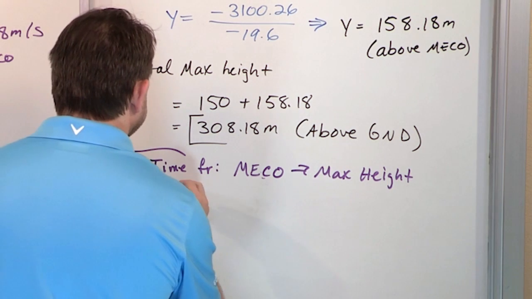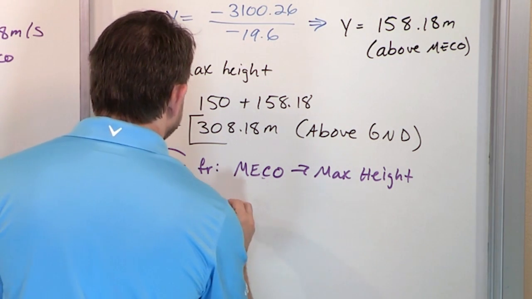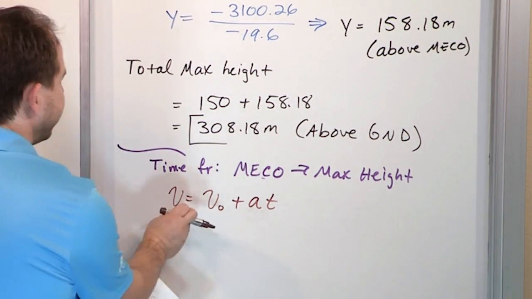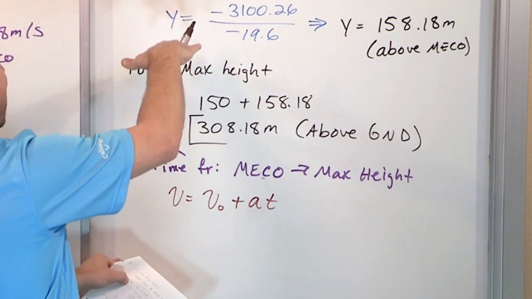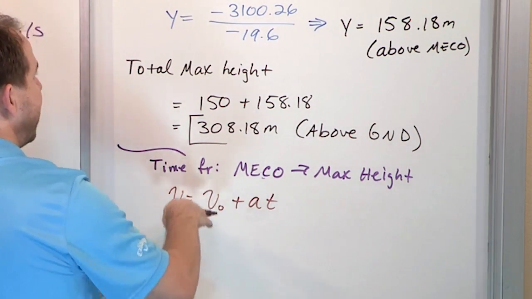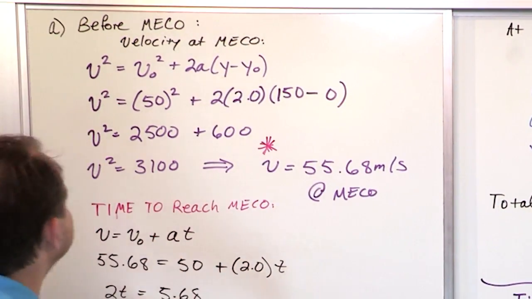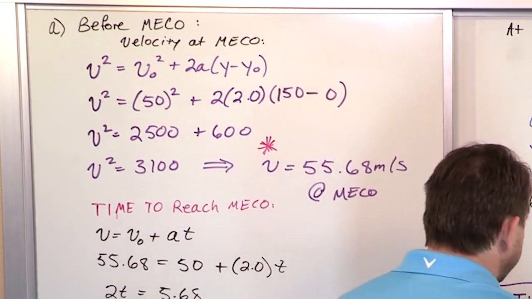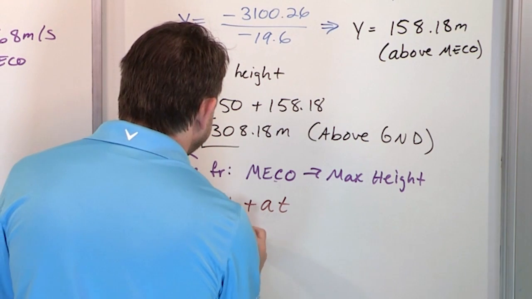And we're just going to use our trusty equation: V is equal to V naught plus the acceleration times the time. Now, what is the final velocity? When it goes to max height, the final velocity is 0. The initial velocity, what is that? That's the velocity we calculated a long time ago, 55.68 meters per second. This is the velocity at Mako, acting upwards.